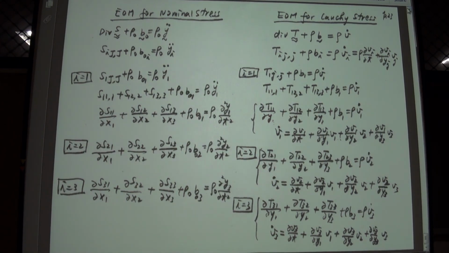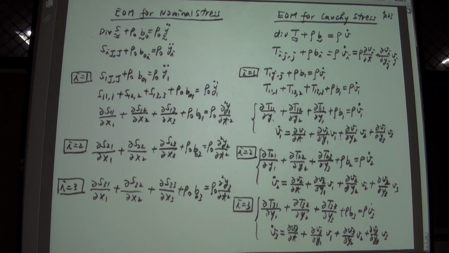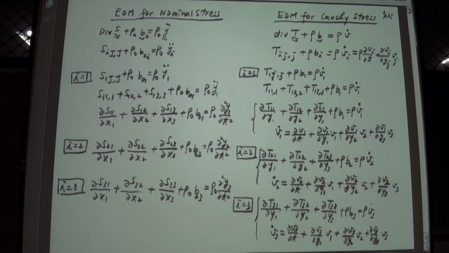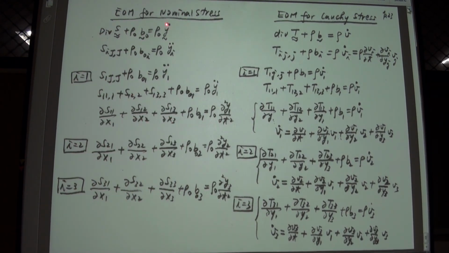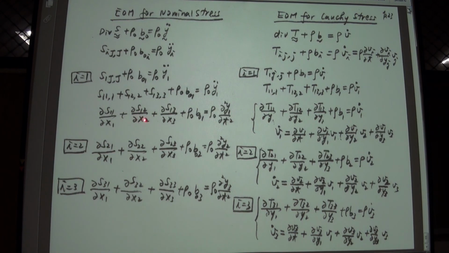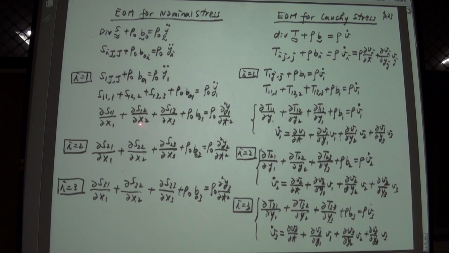See, we are getting better now, because y1, y2, y3 are unknowns, but x1, x2, x3 are known. So using the nominal stress, we have the equation of motion expressed in terms of the known variables.